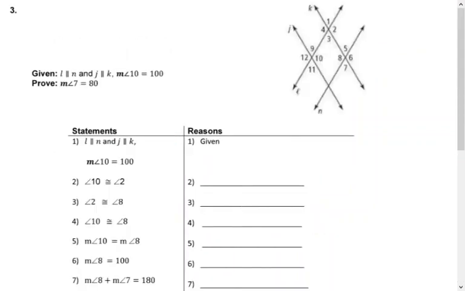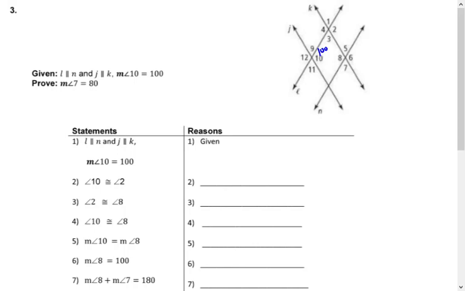Proof number 3. We're given some information we want to put on our diagram. We know that the two sets of lines are parallel, and we also know that angle 10 is 100 degrees. Those are what we're given. Now we want to say that angle 10 is equivalent to angle 2.